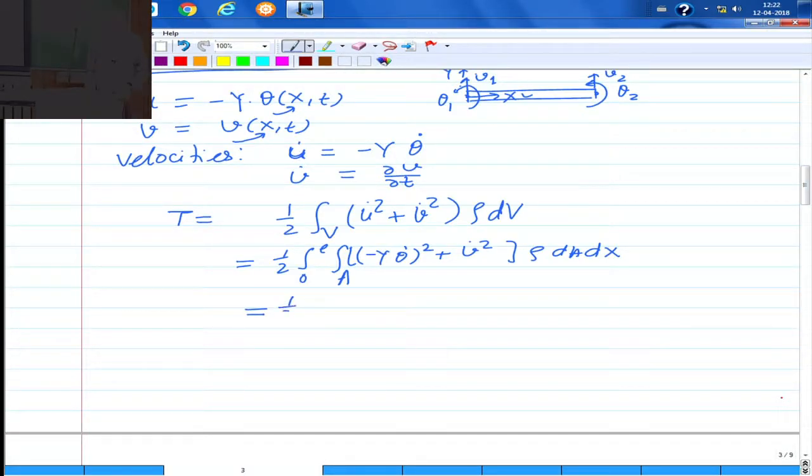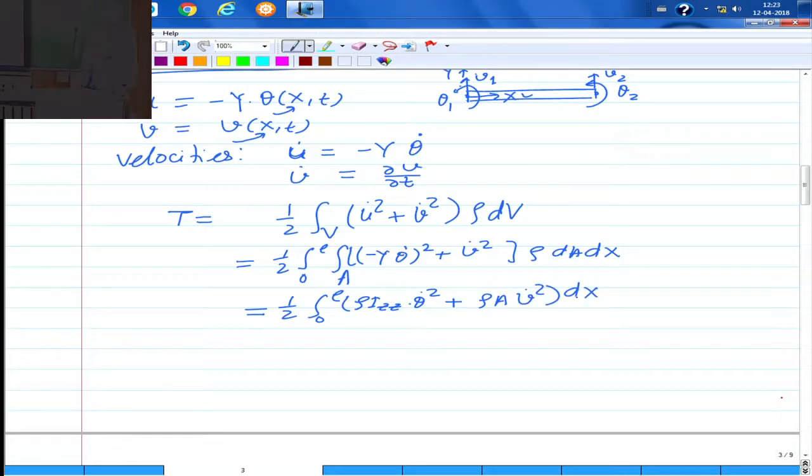Now if you look at this, it will be integral 0 to L, and the first term is y square into theta dot square. The integral of y square dA will be your Izz, the way we wrote earlier. So the first term would become rho into Izz into theta dot square. The second term is simply integral dA, which gives you A, so it would be rho into A into v dot square into dx.